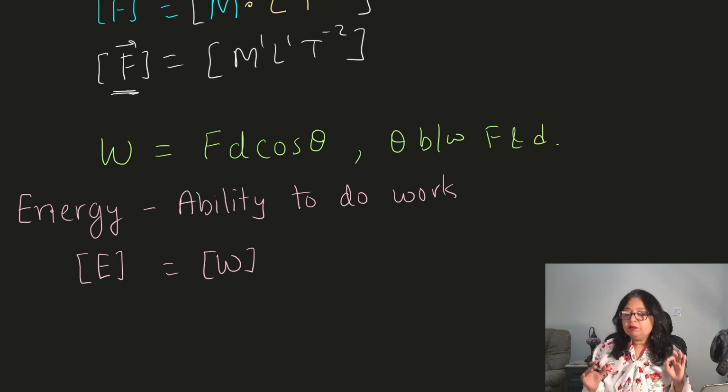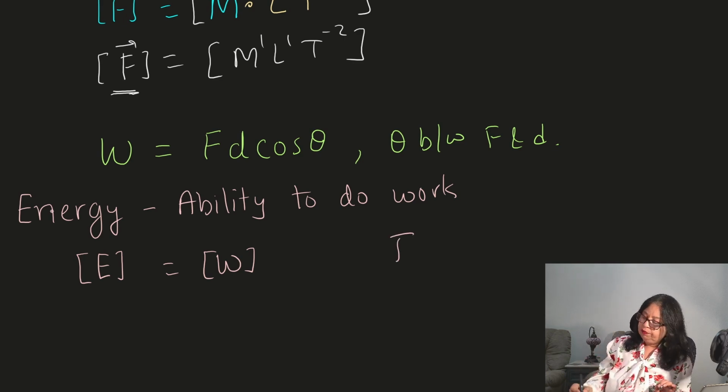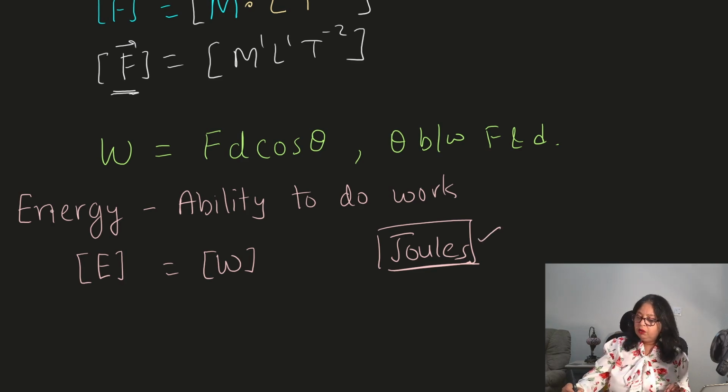In terms of SI units, energy and work both have the SI unit of joules. Once again, I'm kind of jumping ahead of myself here. We don't need to do this, but just to let you know for those who want to learn a little more. So I know that energy and work have the same dimensional formula.